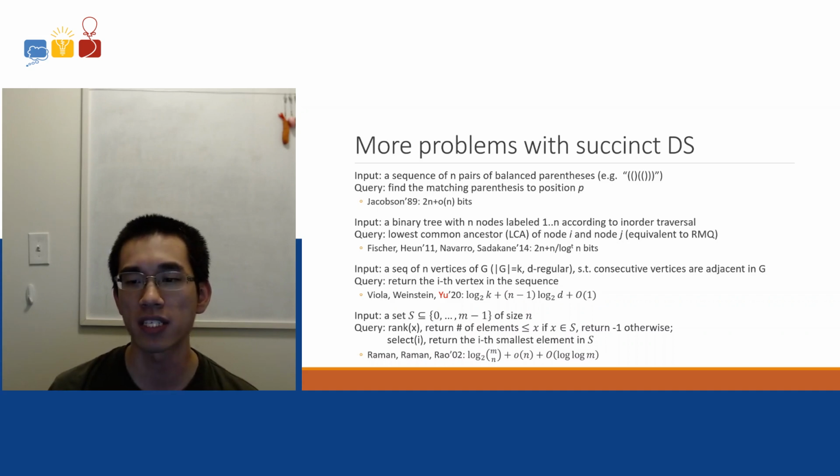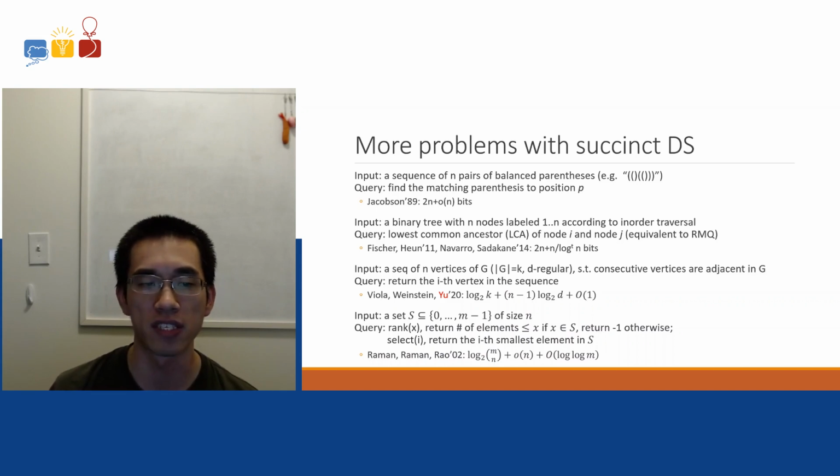Also, there are many other settings in which people study succinct data structures, such as dynamic data structures. In this talk, I have been focusing on problems where the data is always fixed, but in general, we also study problems where the data can be modified, and we would like to maintain this data efficiently, but with succinct space.